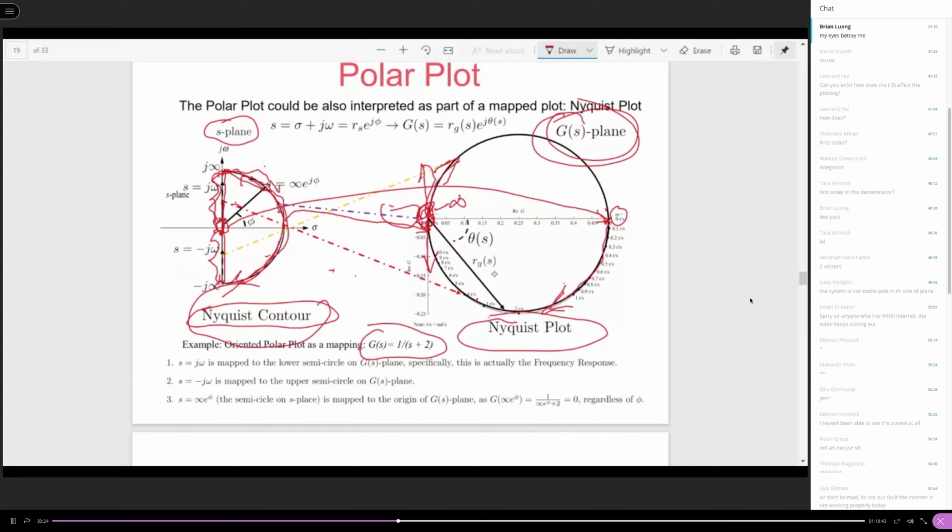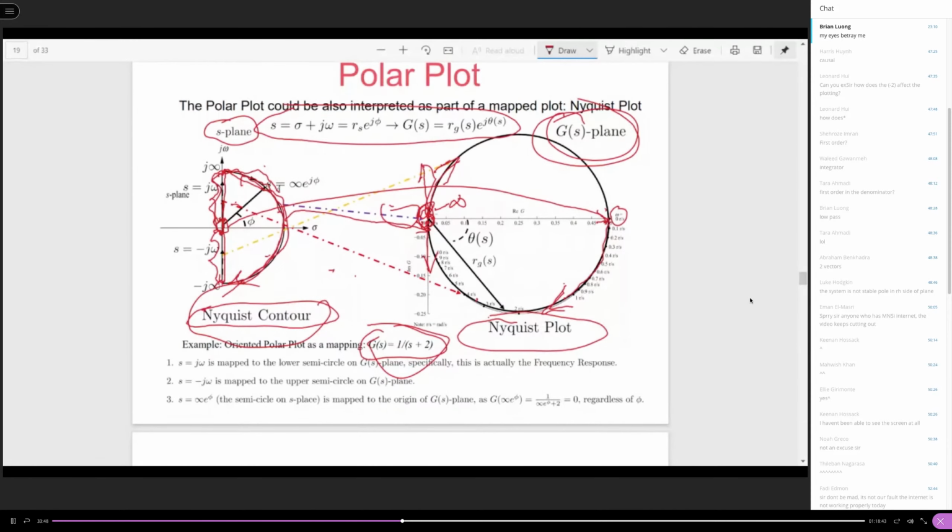No, you cannot make such a general conclusion. Anything could happen, but what does not change is the mapping. So as long as you capture the mapping, given the transfer function, you always evaluate the mapping, and then you should be able to get the Nyquist plot.